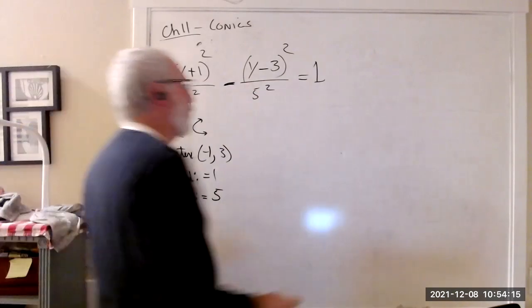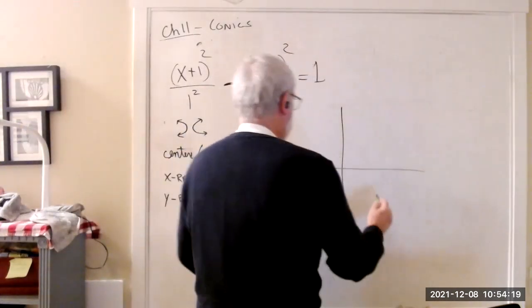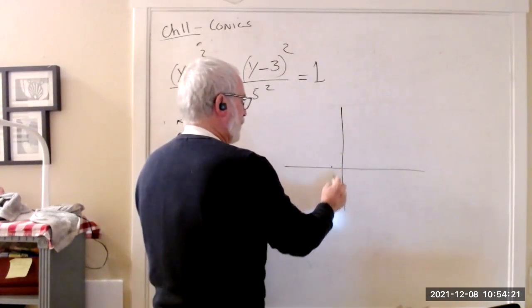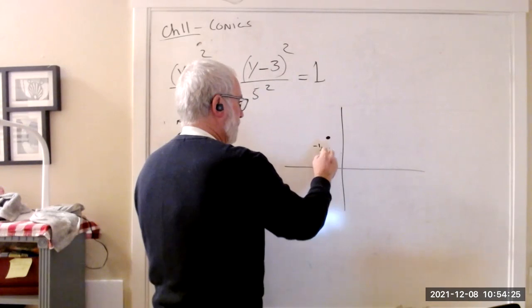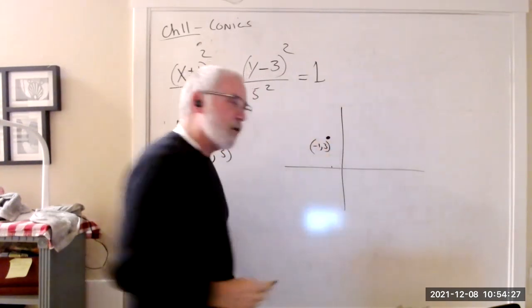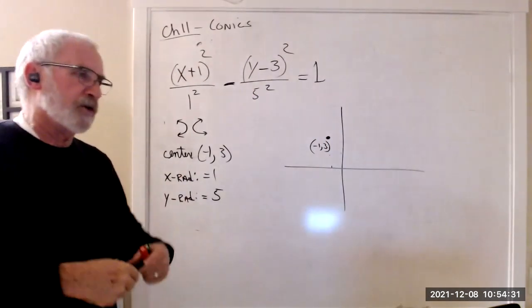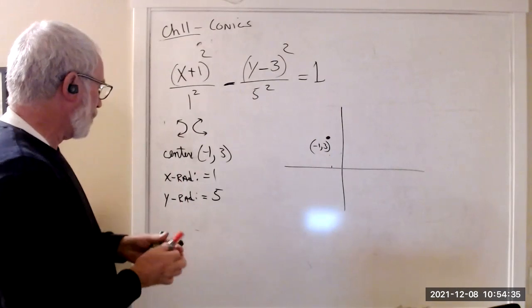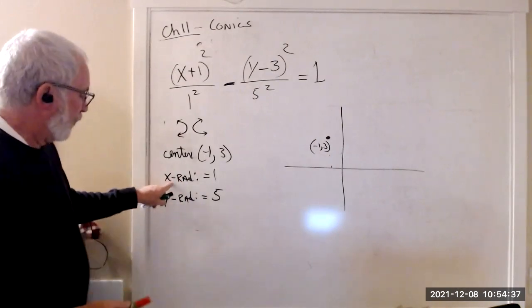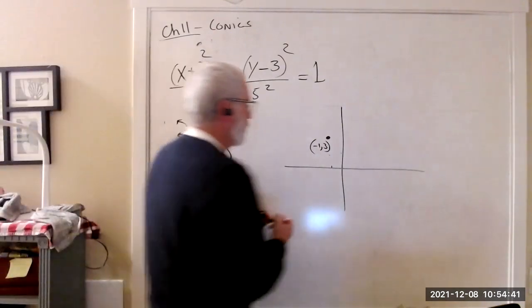So the way we do this is we sketch this. We say my center is -1, 3, which is right about there. And then we use the X and Y radius differently than we used on an ellipse. From the center, I'm going to go over 1, up 5.